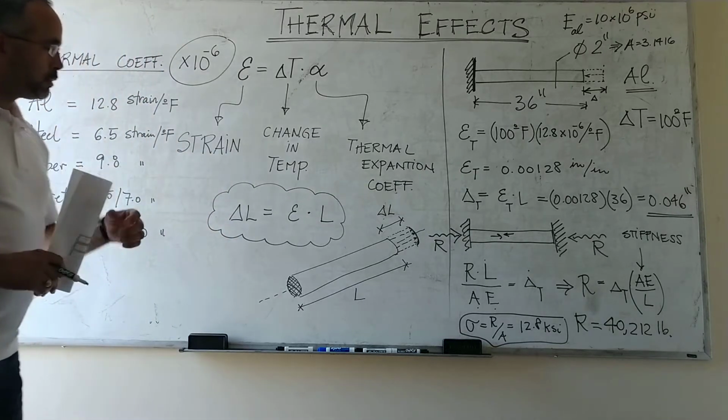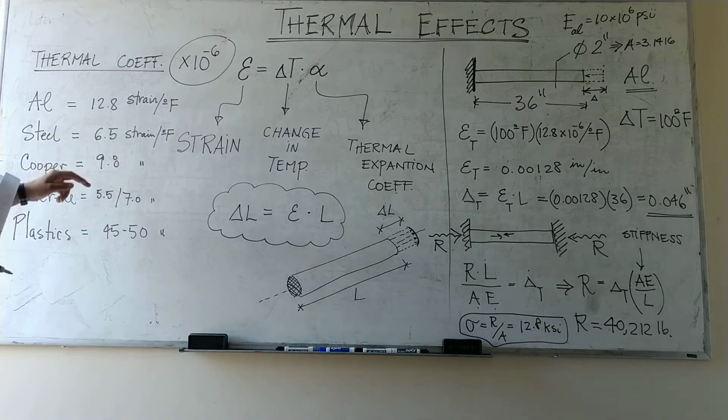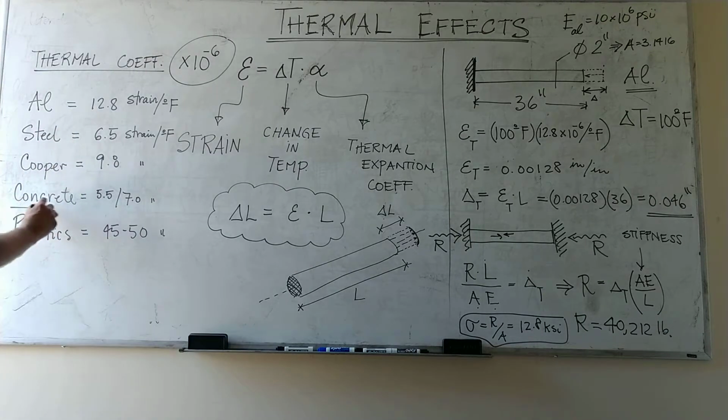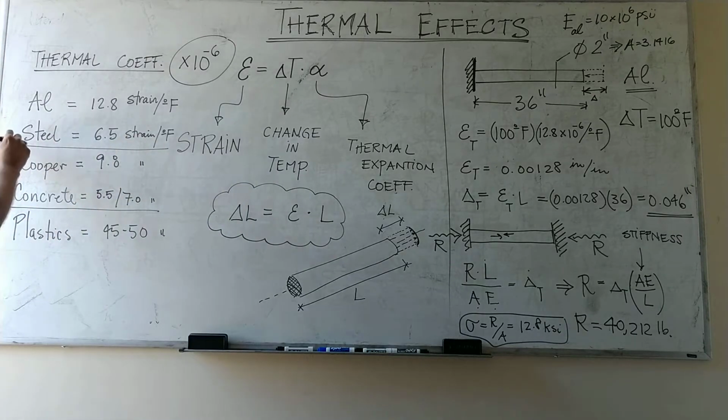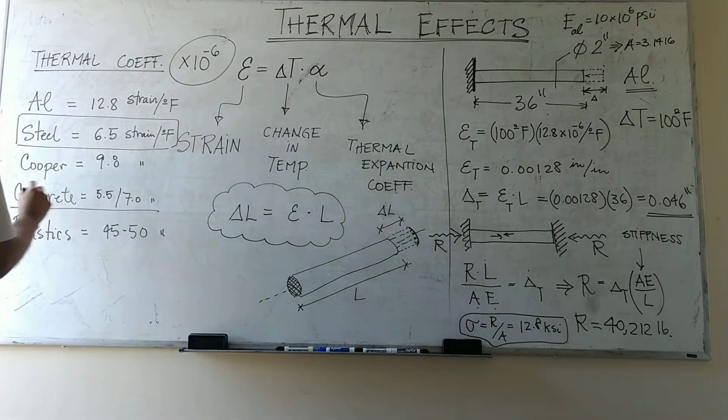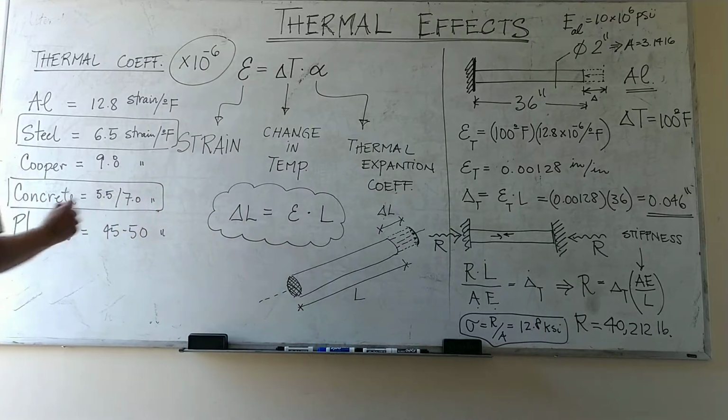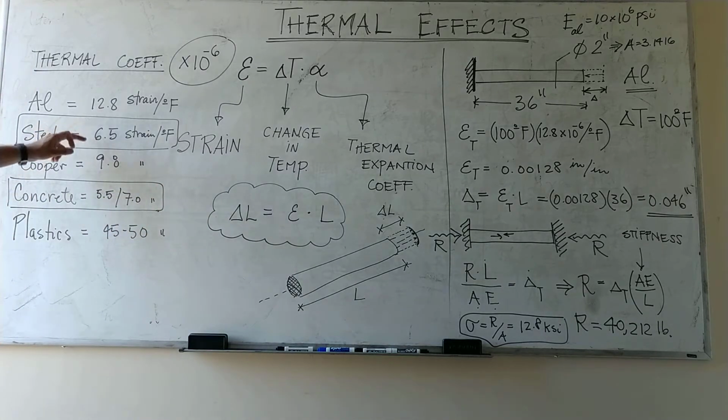Fortunately, and I want to end this session just by pointing this out, you can see here the case of civil engineering. This is a very important fact, that steel and concrete have a very similar thermal expansion coefficient.